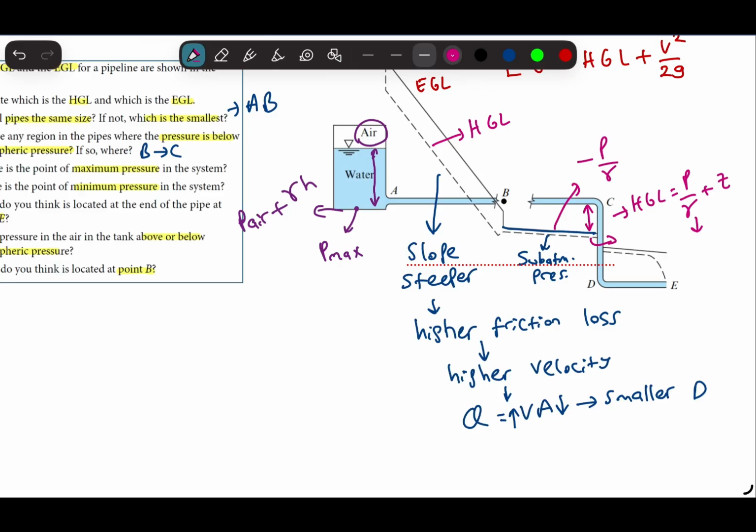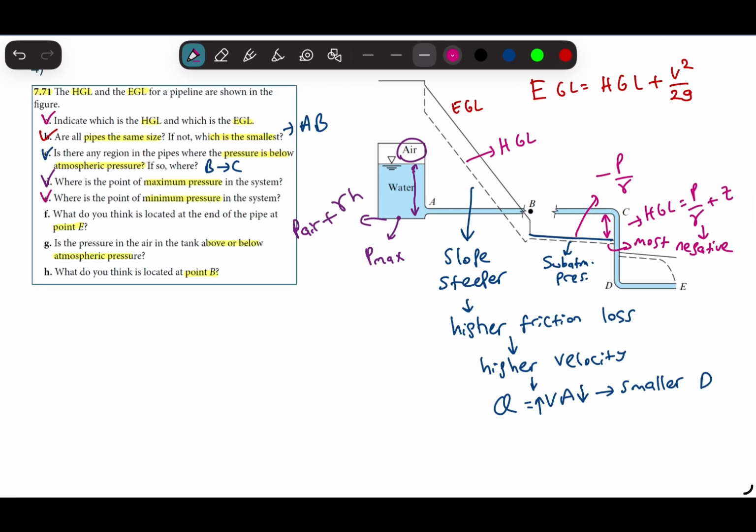But since we have negative pressure, we will have the most negative pressure, or the smallest negative pressure. So this point will be C. So this is the pressure mean.